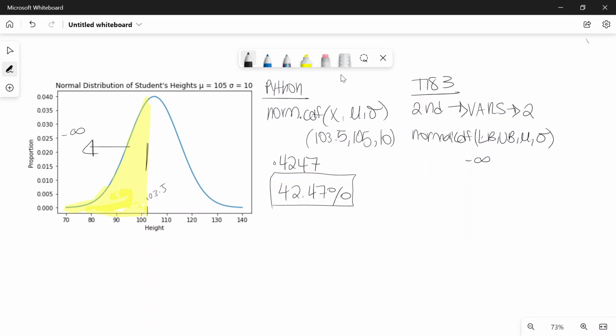Okay, so for negative infinity, I just do -1 E99. So lower bound is -1 E99. In the calculator, you put -1, and then E99, hold on. Where is E99?